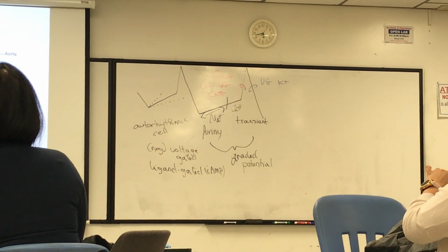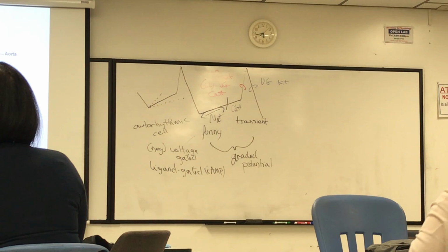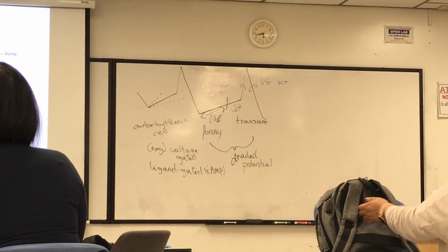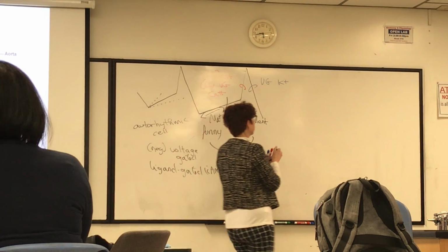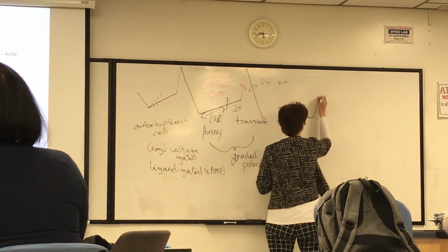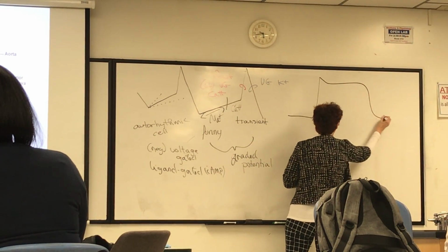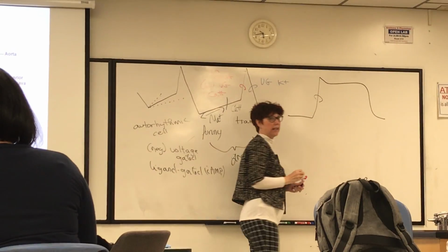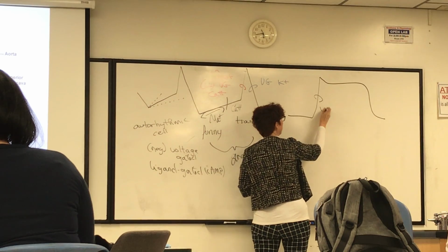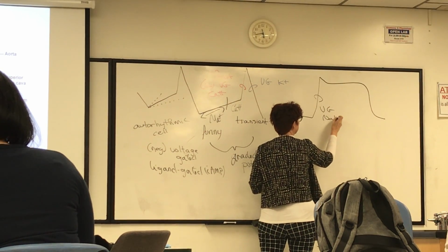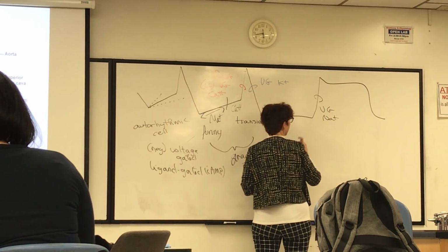However, we're spreading then to the next cell, the contractile cell. When we look at the action potential for a contractile cell, what channel is that? That's a voltage-gated sodium, all right? Just like we see with neurons and skeletal muscle.